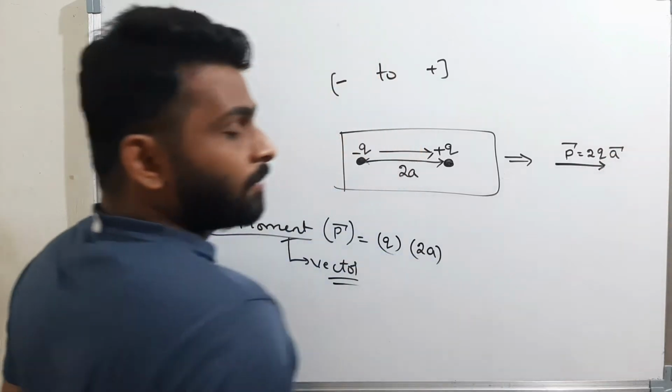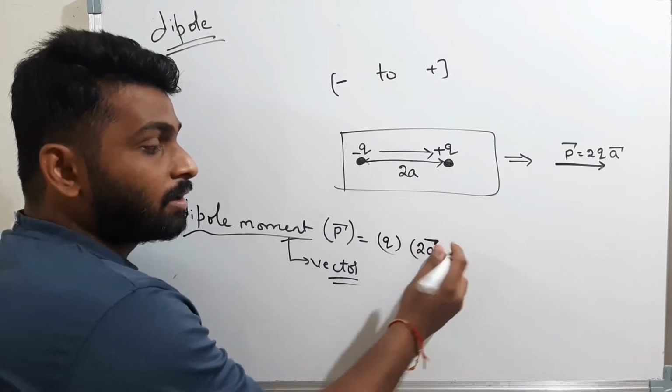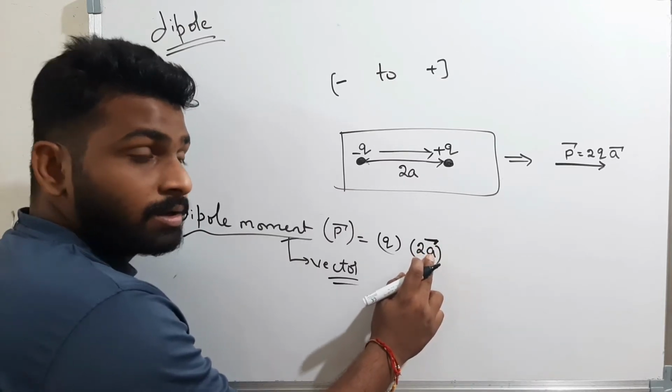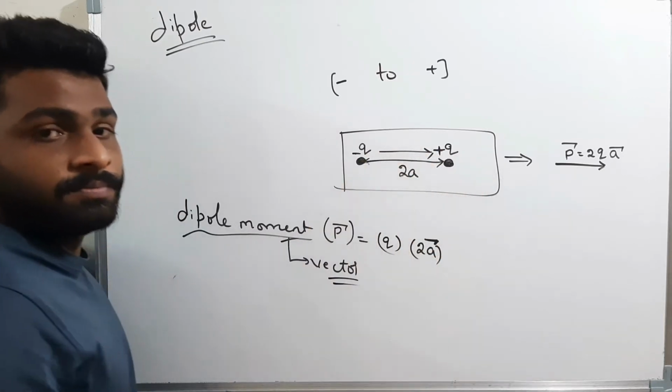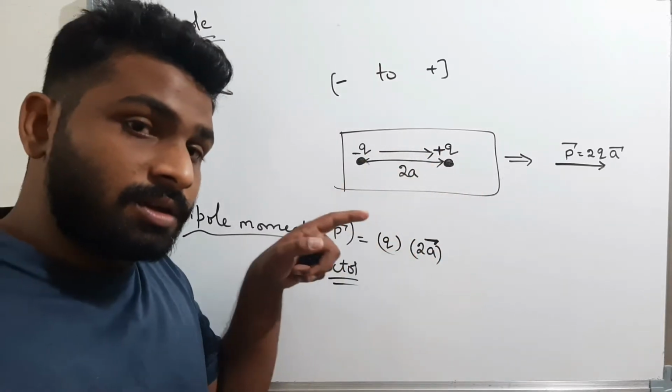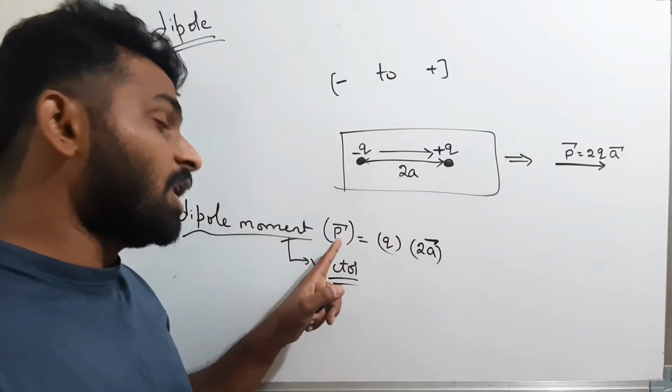Where is a bar? The a bar is simply the distance vector between the negative to positive charge. This a bar will give me the direction. The direction is from negative to positive charge. Therefore, the same direction is given to the dipole moment.